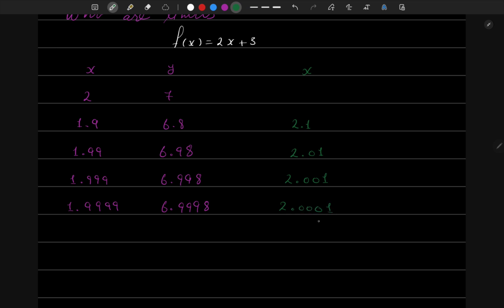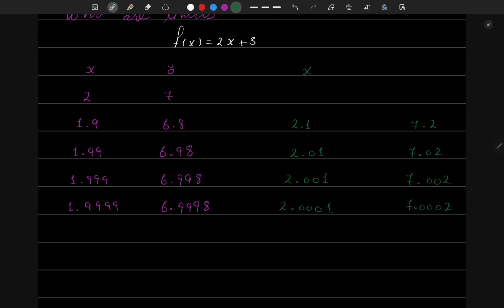I'm getting closer to 2 also, but on the other side. Well, here the value is 7.2. And then 7.02. And then 7.002 and then 7.0002.